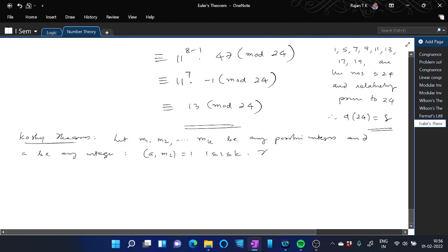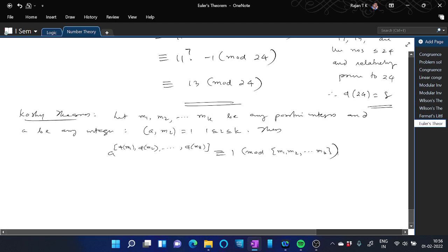Then a raised to the LCM of phi(m1), phi(m2), etc., phi(mk) is congruent to 1 mod the LCM of m1, m2, etc., mk.